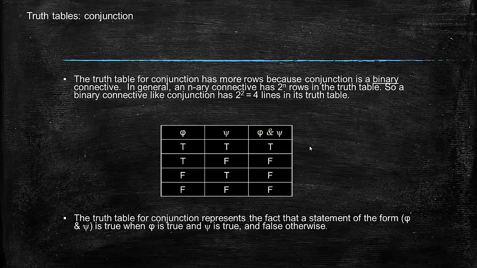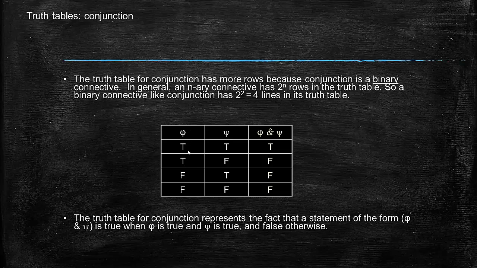Essentially, what we can say is that however many propositions are being connected, you'll have 2 to that number of rows in the truth table. So there's 2 to the 2, which is 4 rows, because and the other connectives connect 2 propositions together.